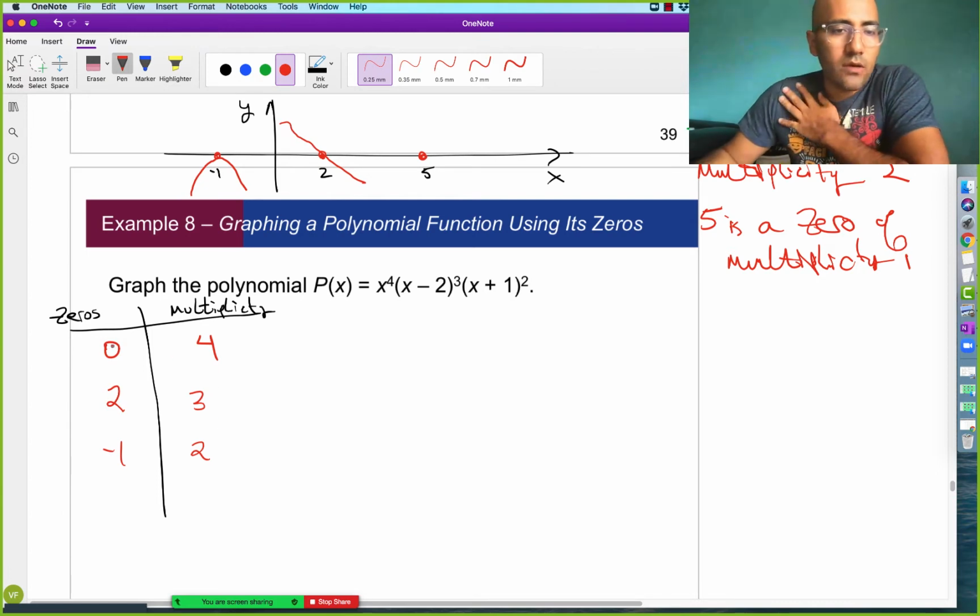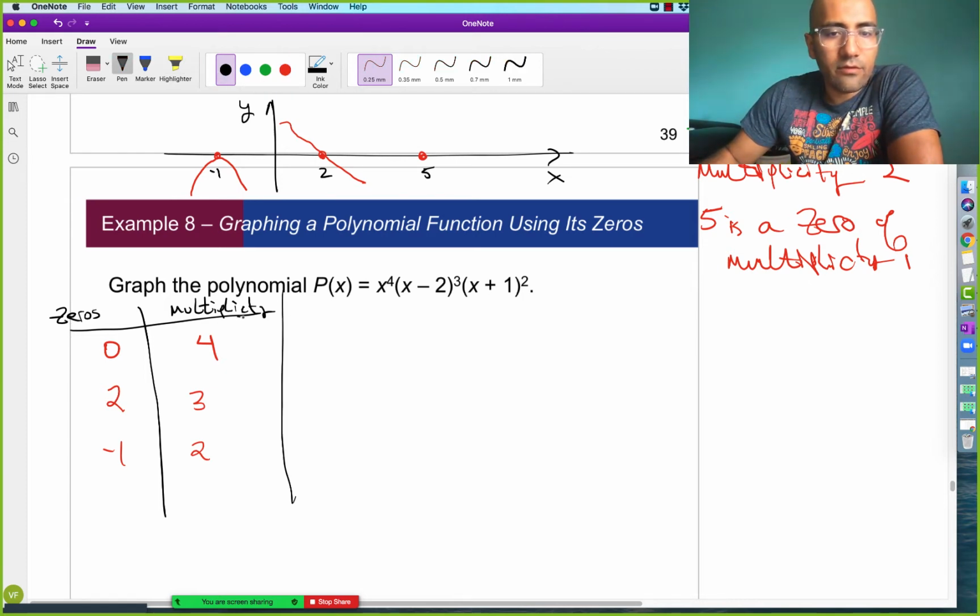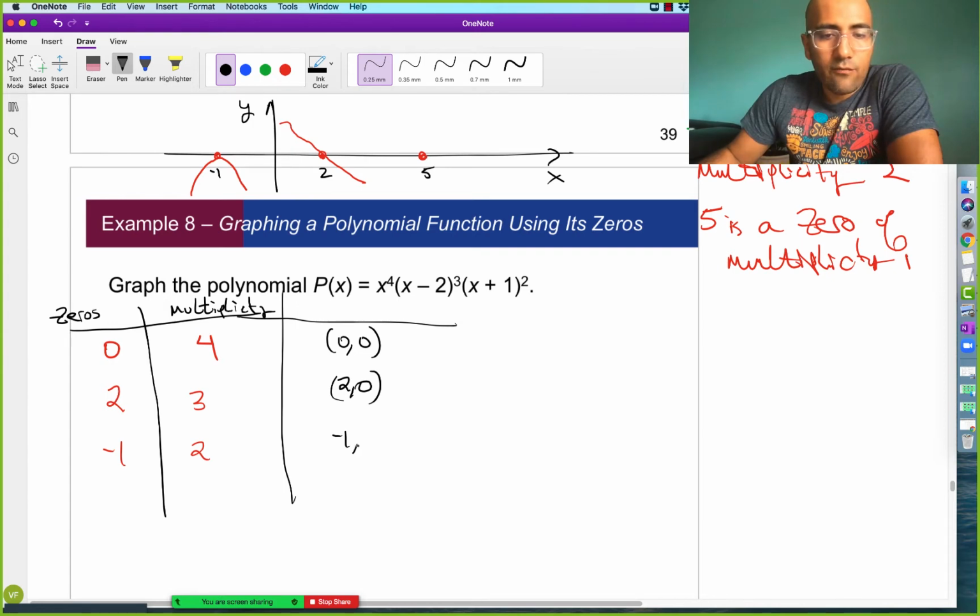Okay, because these are zeros, that means that I have ordered pairs. I already have these ordered pairs in our graph. So I already have 3 dots in my graph: the point 0, 0, the point 2, 0, and the point -1, 0. Good.